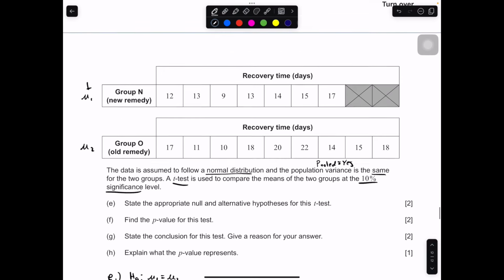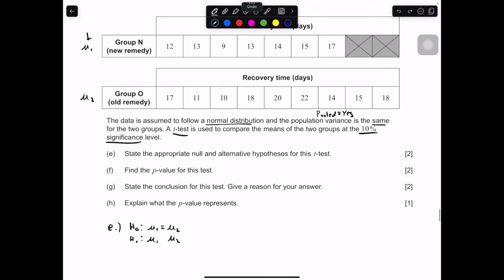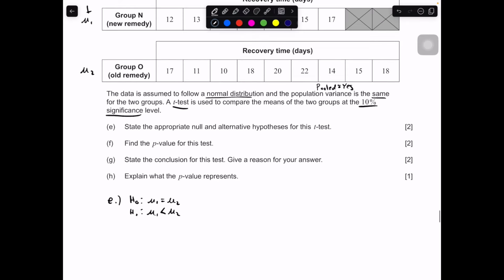So once we average all these values here, we want to see if the average recovery time of this group, mu1, is less than mu2. This is actually a pretty important part, because if this is incorrect, then, to be honest, everything else will be as well. So make sure to put it into context. We want the new group's average recovery time to be less than the average recovery time for the old group.